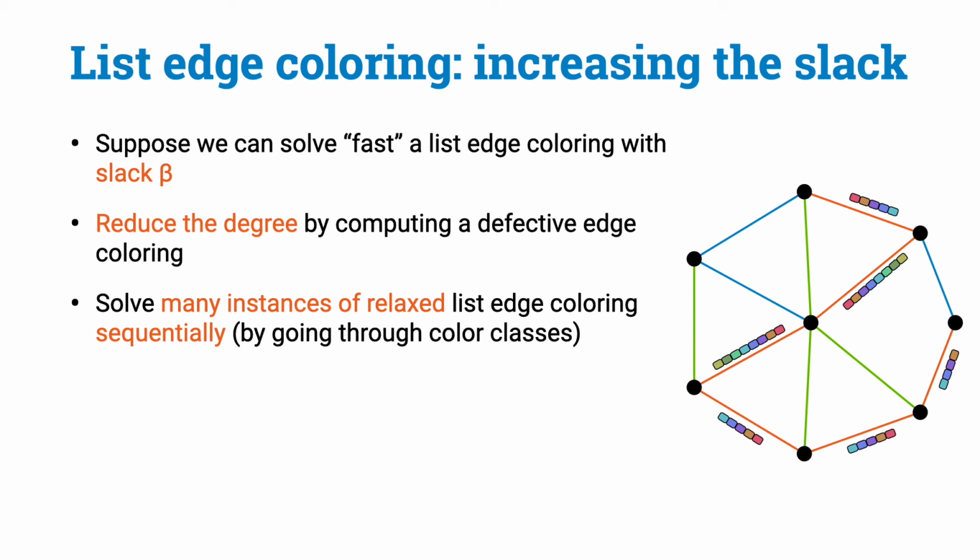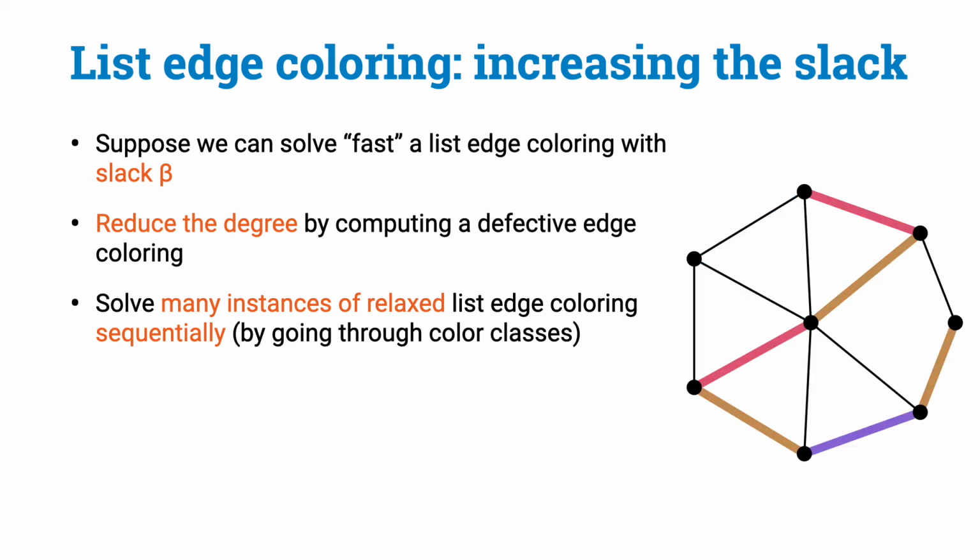Notice that we have a graph with much smaller degree, but the lists are the same as before. In this way, we have increased the slack, and we can apply the algorithm for solving list edge coloring with slack beta on these edges. In this way, we obtain a proper coloring of the edges of this subgraph.